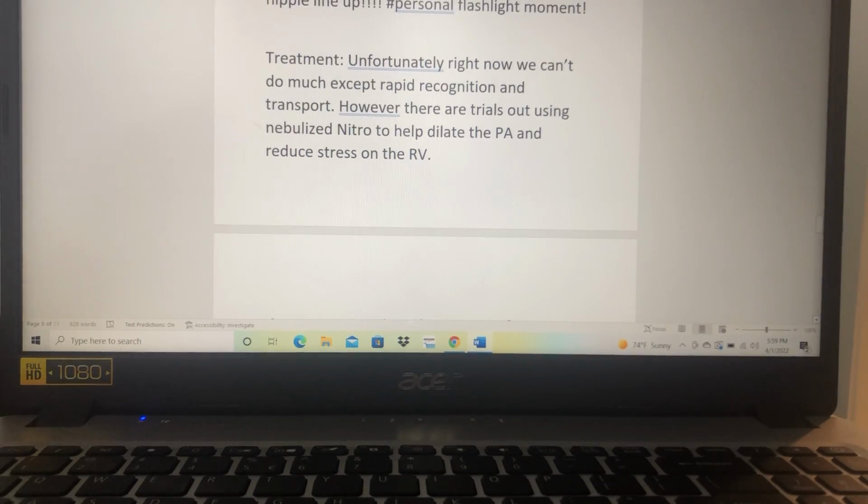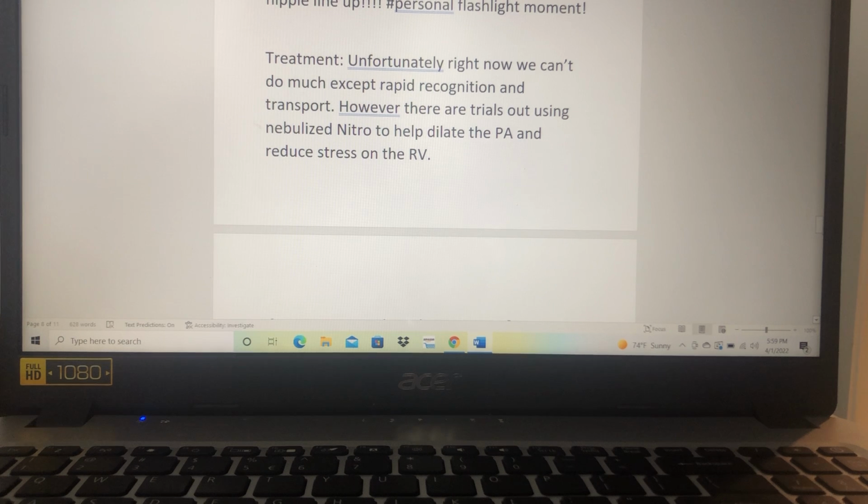So, what is the treatment for a PE? As of right now, we don't have a treatment for EMS other than rapid recognition, rapid transport. There is a study out about nebulized nitro. It's promising. It makes sense.